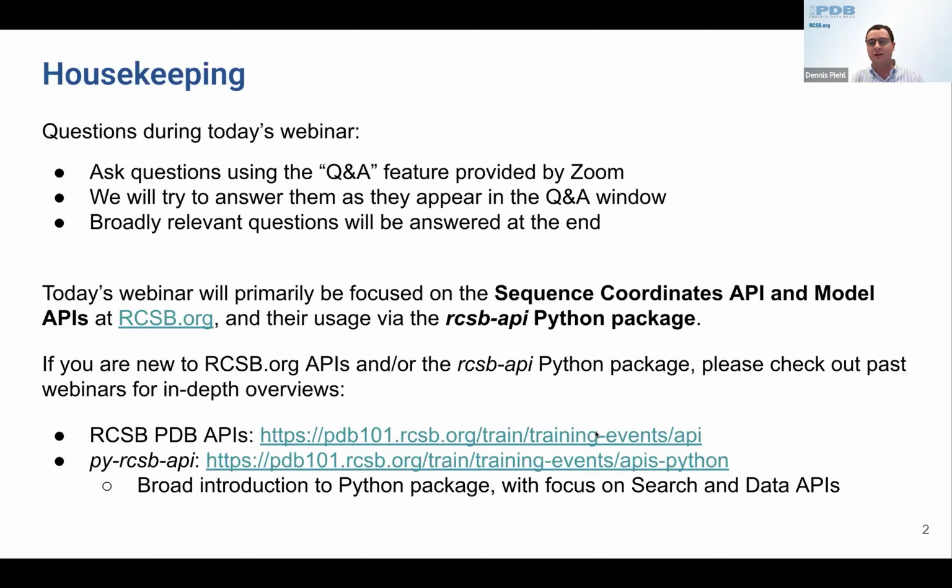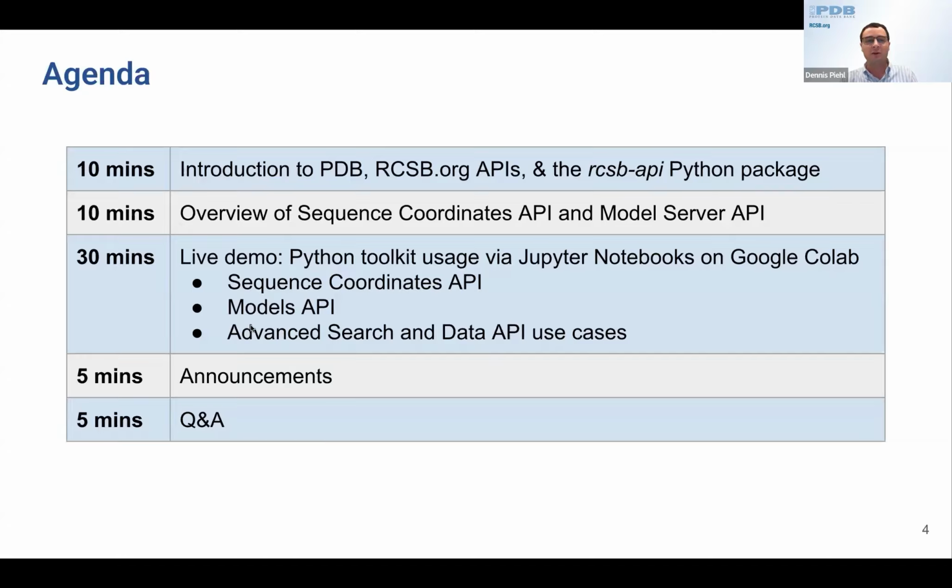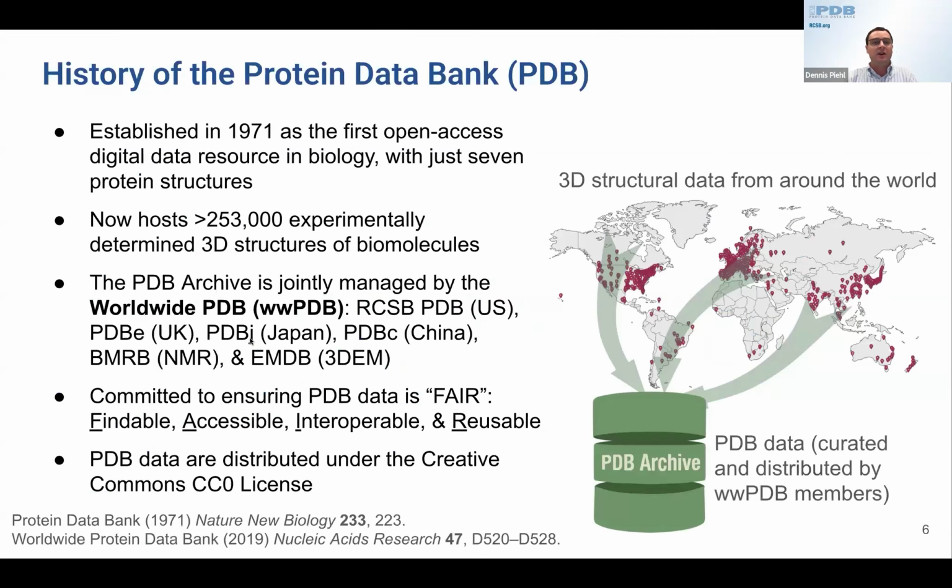These will be accessible via Google Colab, and we have 3 different notebooks prepared for you: one for a sequence coordinates API walkthrough, one focused on our model server API, and one that touches on some more advanced use cases of our search and data APIs. I'll then conclude with some announcements and open the floor for Q&A. All right, so with that, we can dive in.